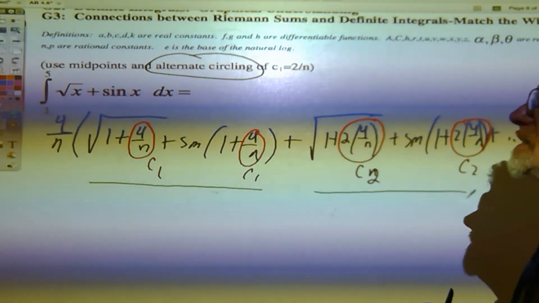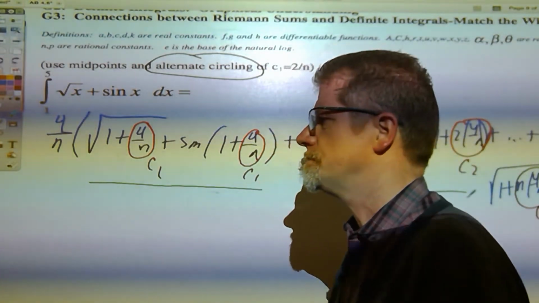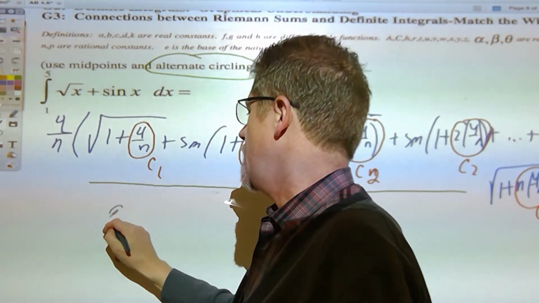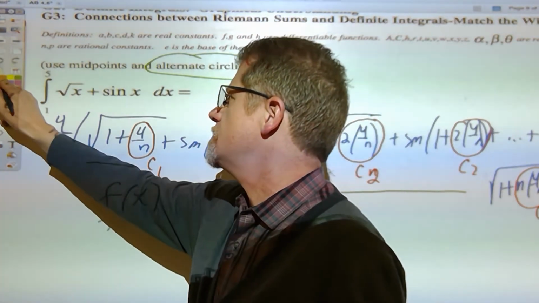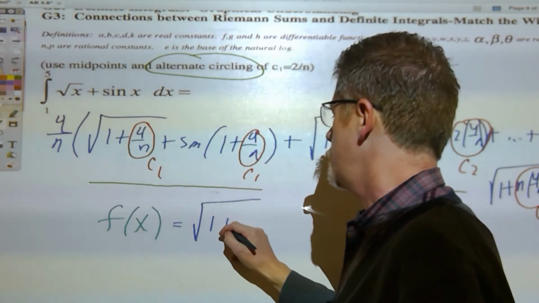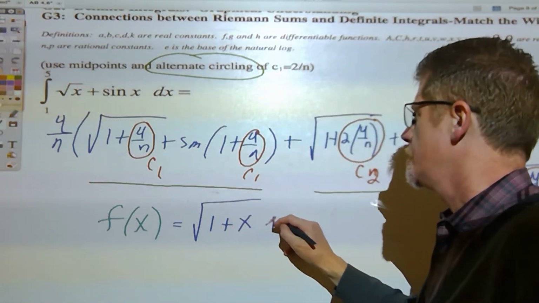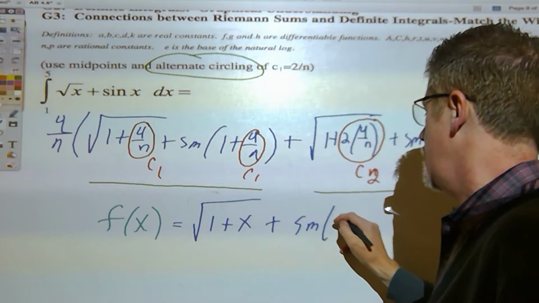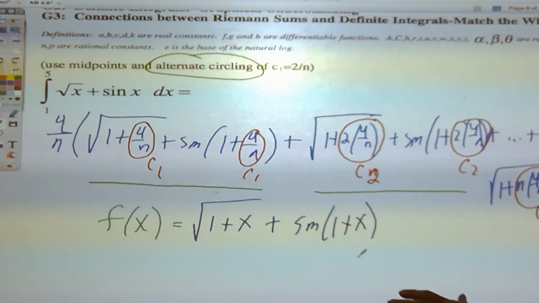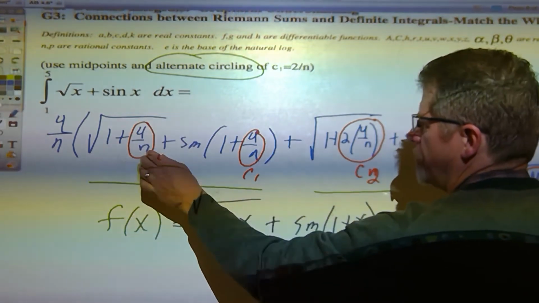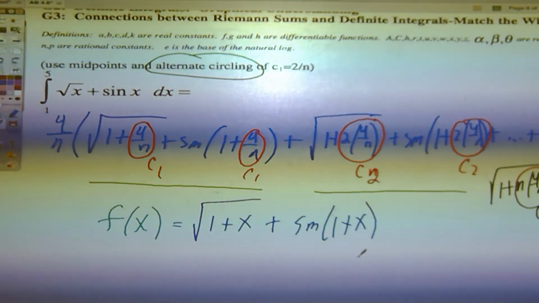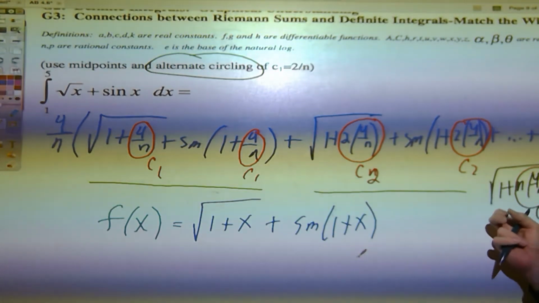Some students might look at this and say that the terms are following the pattern of f of x equals the square root of 1 plus a golf ball plus the sine of 1 plus a golf ball. That's circling of 1 plus golf ball. 1 plus golf ball is consistent even in the last term, in the nth pair of terms.